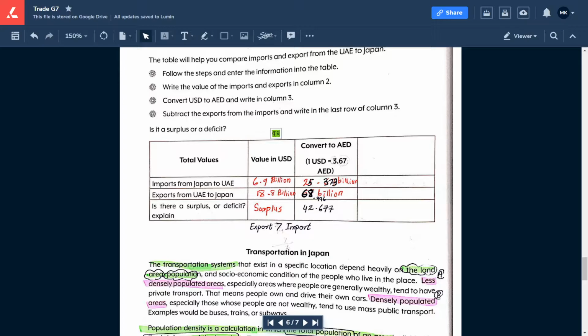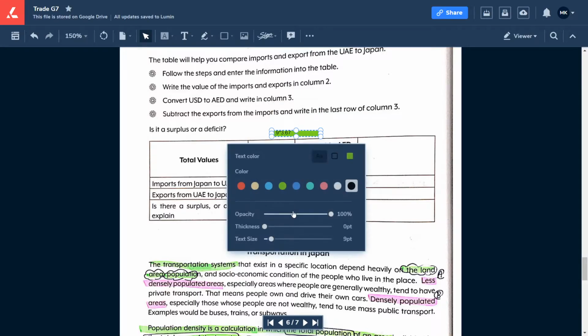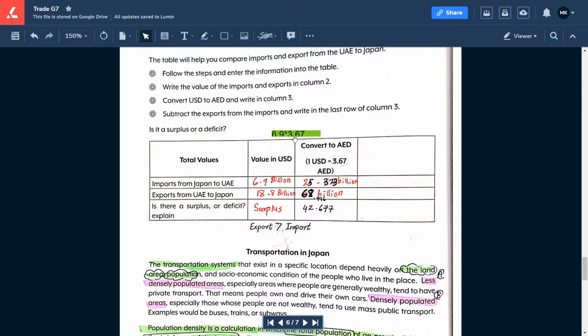Every UAE dirham, if we want to see how much it is according to the US dollar, we have to multiply it by 3.67.